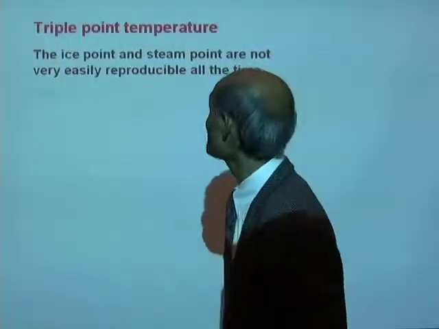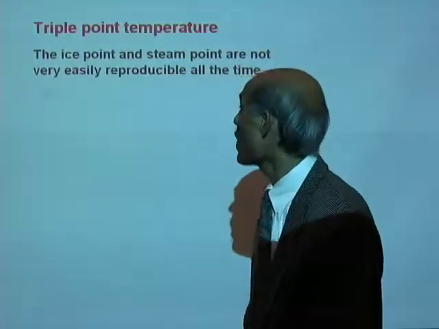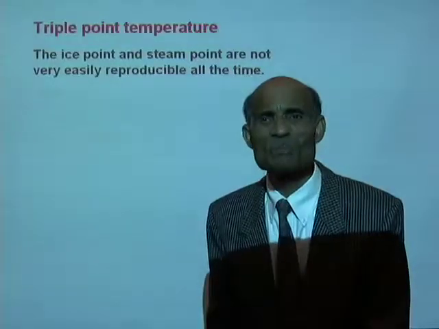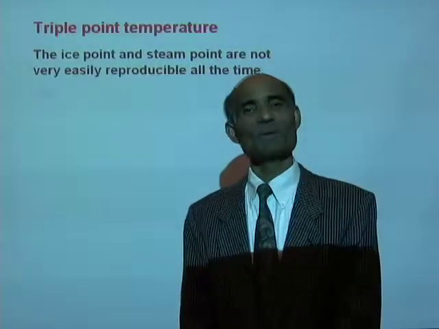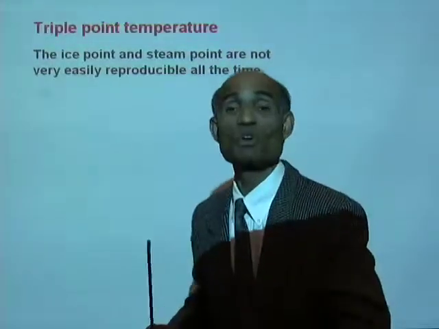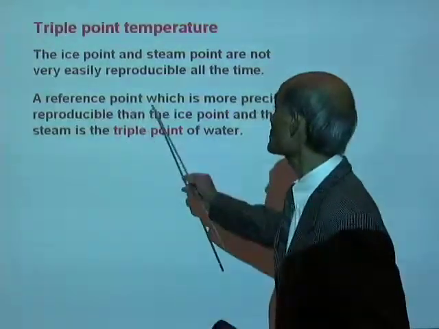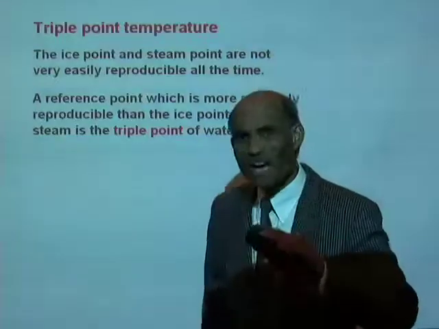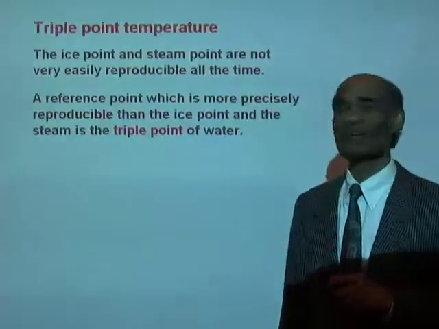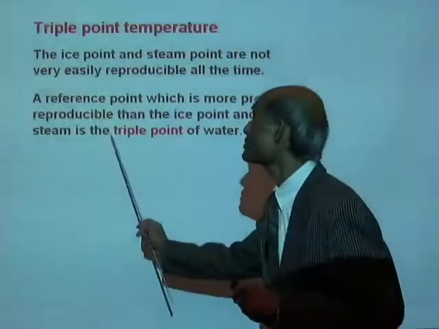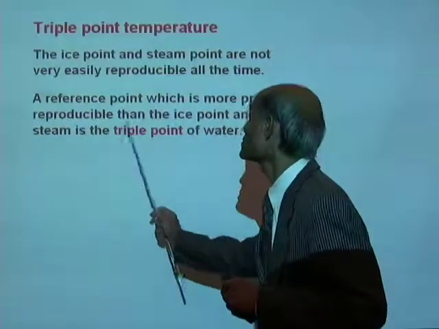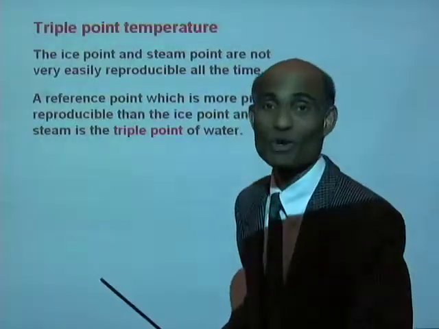Now, these are not very easily reproducible all the time because they vary so much with pressure. Therefore, a reference point which is more precisely reproducible than the ice point and the steam point is called the triple point of water.